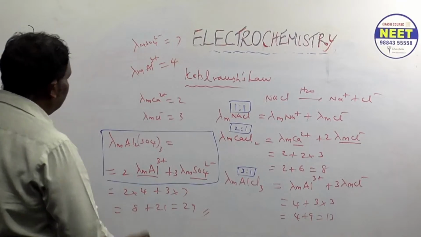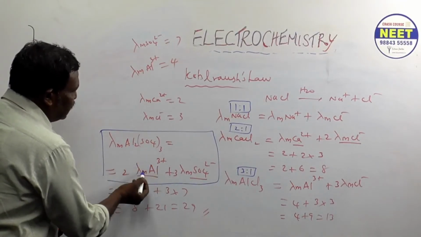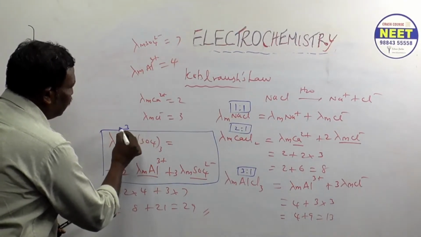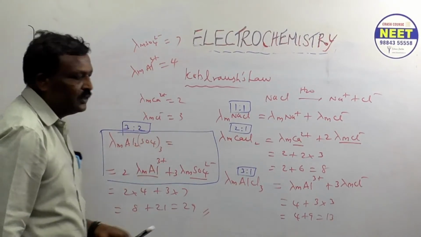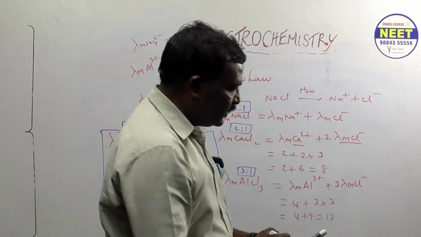What kind of electrolyte? Its valency is 3, no? Its valency is 2. So it is a 3 to 2 type of electrolyte. That is also important. Keep it in mind. Write first.